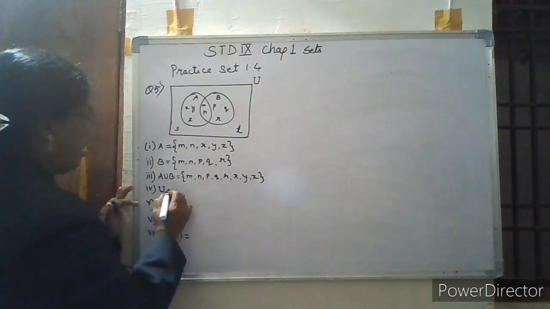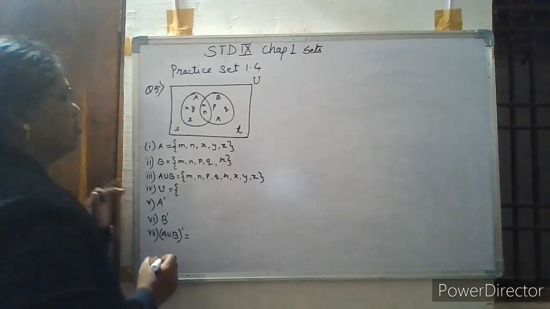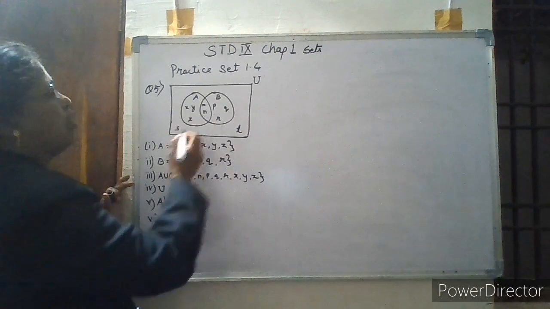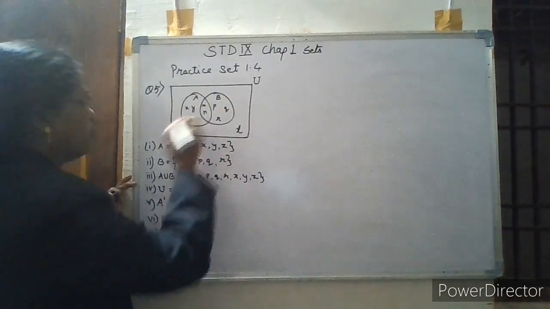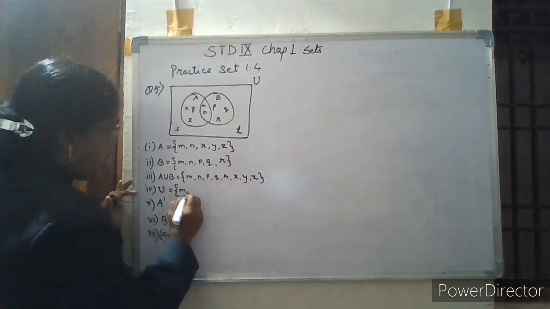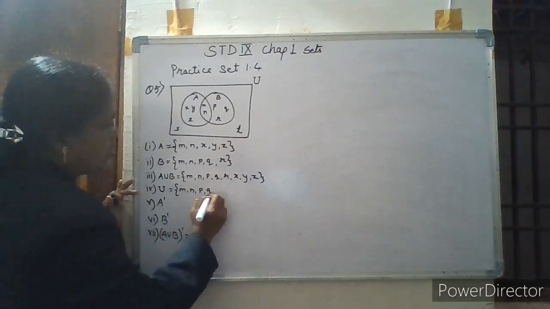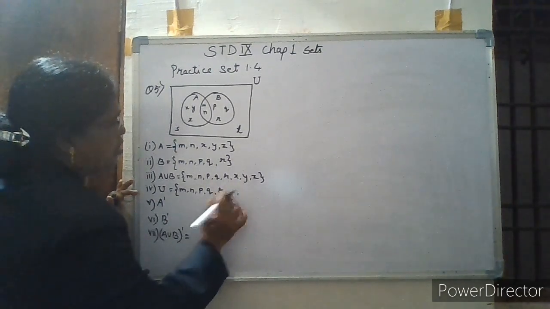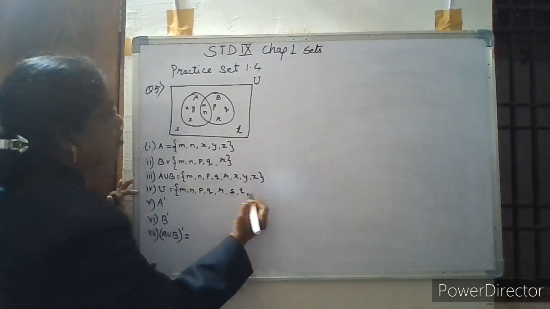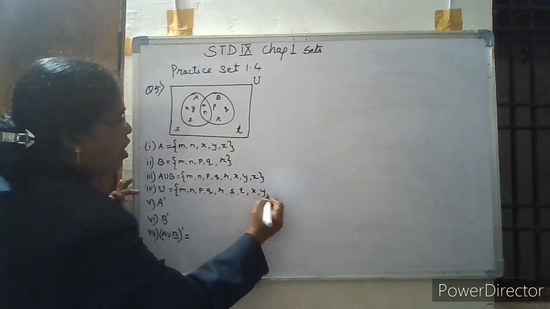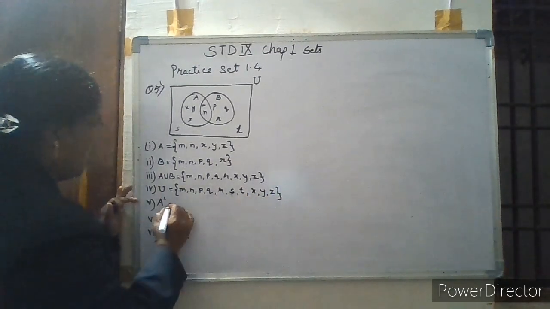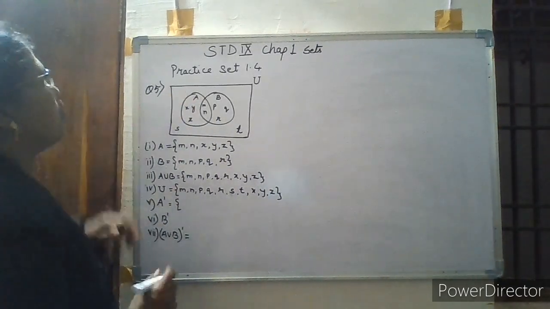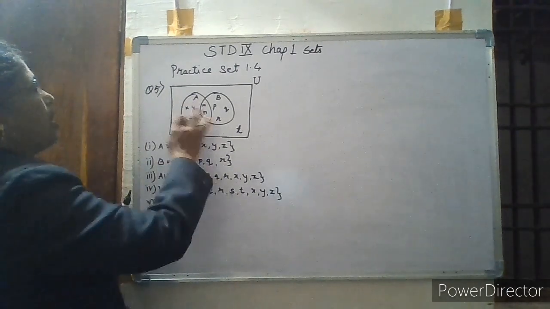Then the universal set. The universal set is all; here S and T are also elements you have to include, alphabetical wise: M, N, P, Q, R, S, T, X, Y, Z. Then complement of A. You have to see what the complement of A is.